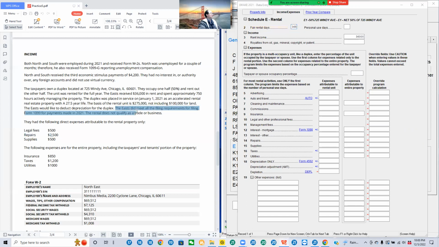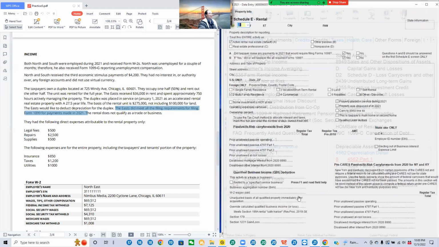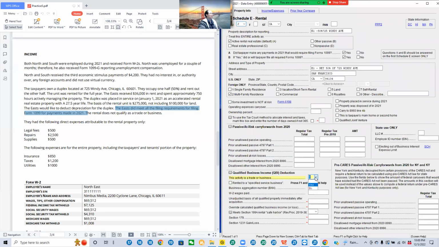Oh, actually, they also say it's not quite, so therefore we need to go back to here. We got to say no, because they say they're not qualified.